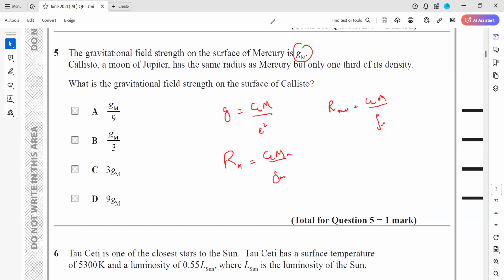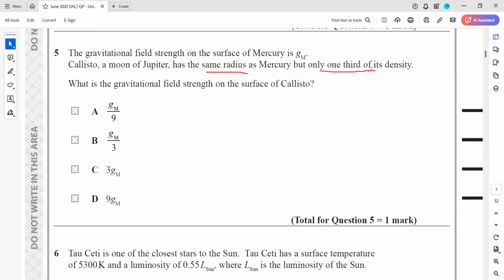Now, in the question, they have the same radius. So if you talk about the relation g equals GM over R squared, R is constant.